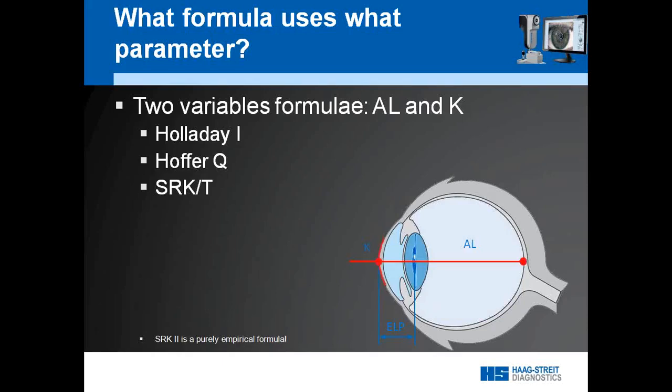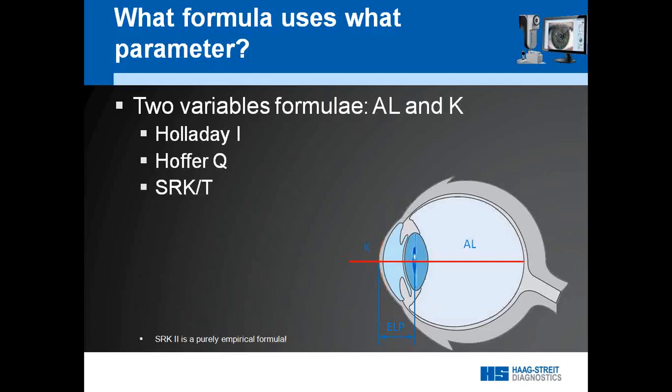But if we look at the anatomy, we will see that short eyes do not necessarily all have shallow anterior chambers. More often they actually show completely normal anterior chambers, and therefore these formulae tend to provide not the best result with extreme eyes on the long side as well as on the short side.